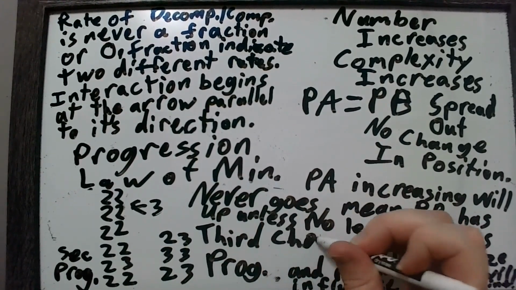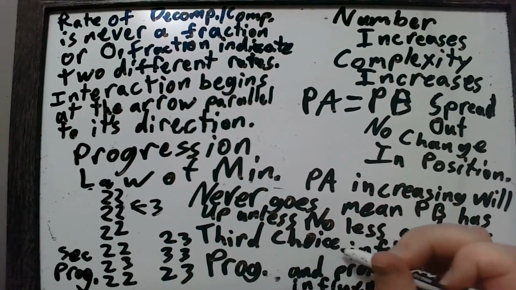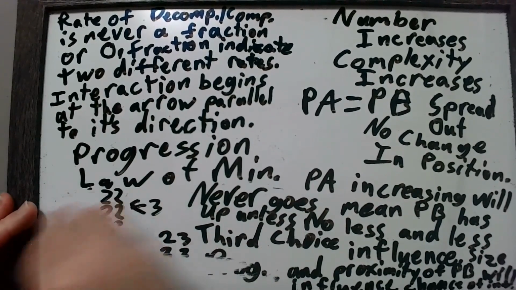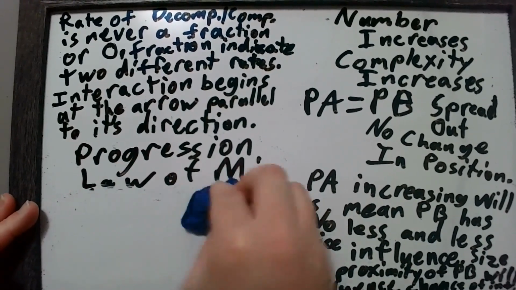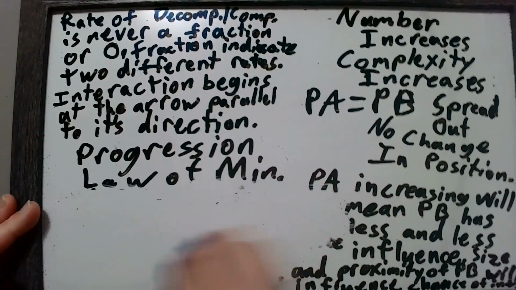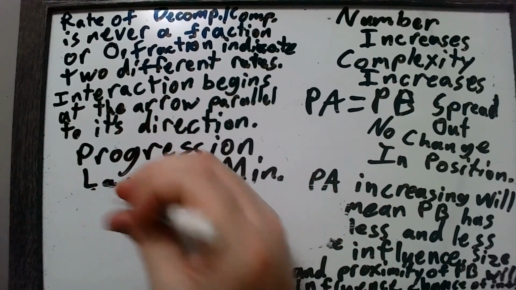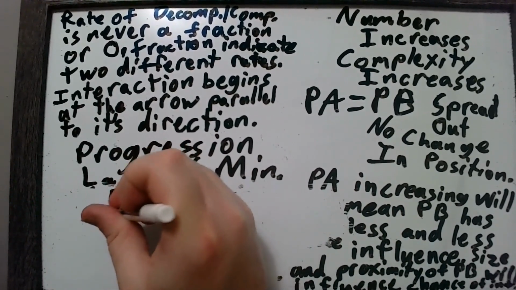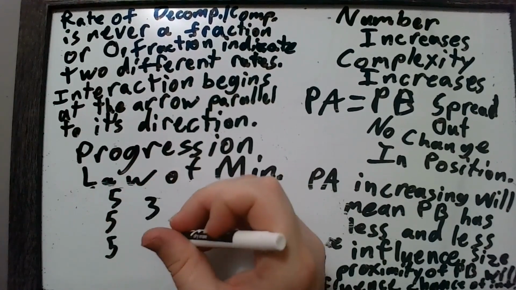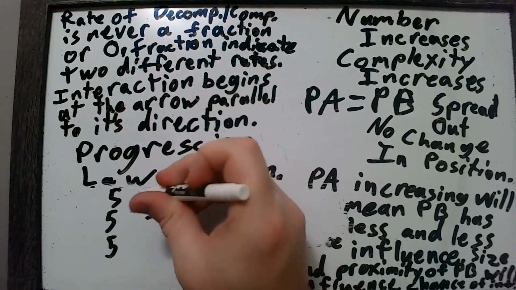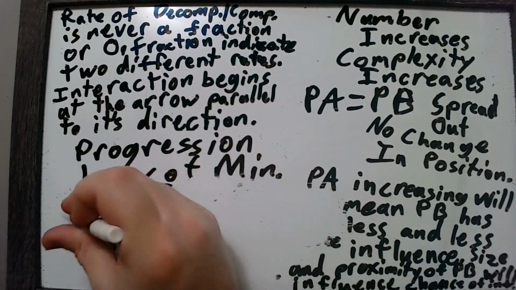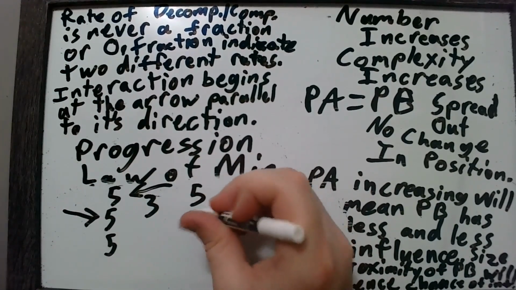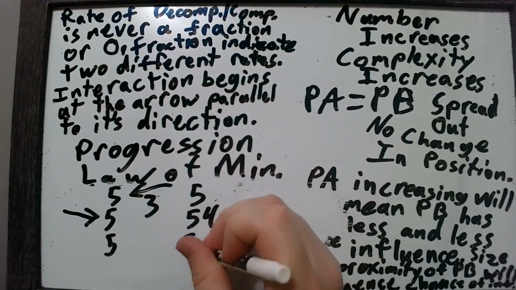Unless it has no choice. What that means is that if, let's say for example, the incoming pressure is now less, let's say it's a value of 3 and this is a value of 5, this is going to come in at a value of 3, but this is going to push back at a value of 5, and that means that the in-between value is going to be 4, right?